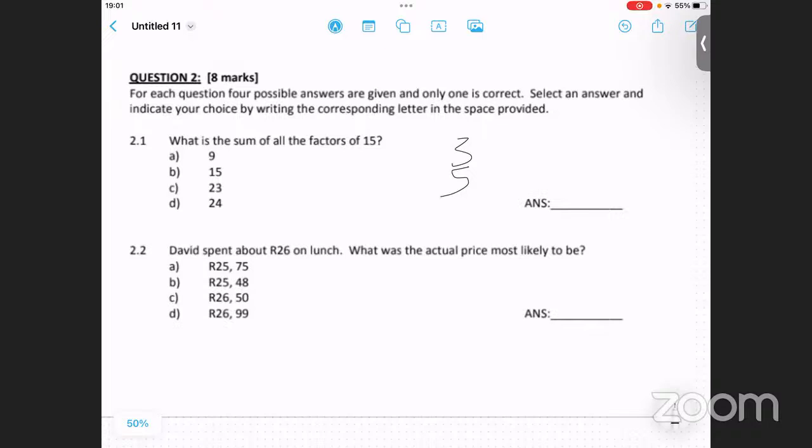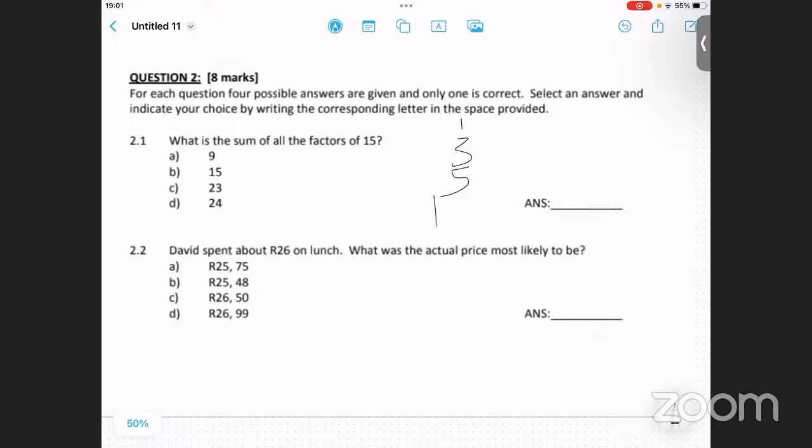Is that the only case? There's also 1. 1 and what? 1 multiplied with 15 gives 15. And 1 and 15, ma'am.